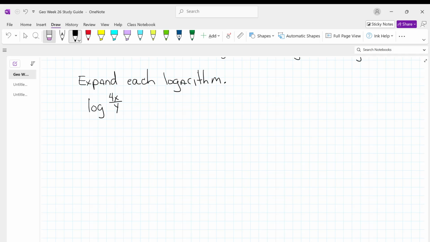All right, the 4 times the x is your m, the y is your n. So this would expand to log 4 plus log x minus log y.